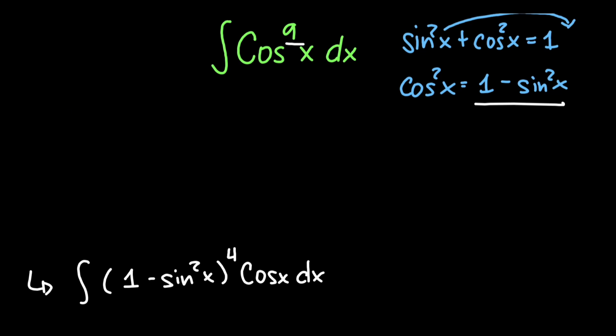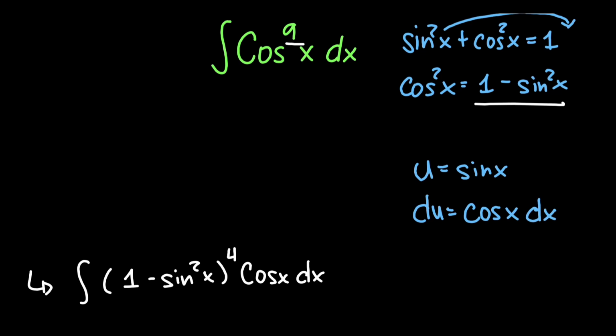Now the next step here, we can expand this expression first. But what I'm going to do here is to make a u substitution for simplification. So let u here be sine of x. I will just substitute this into a simpler variable. And so the derivative of sine of x would be equal to cosine of x multiplied by dx.